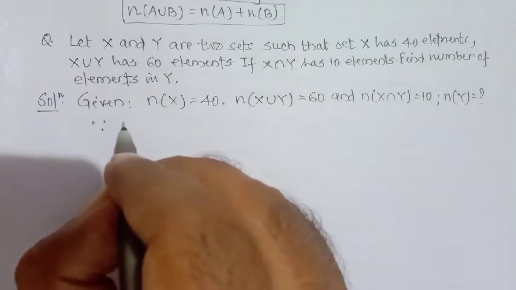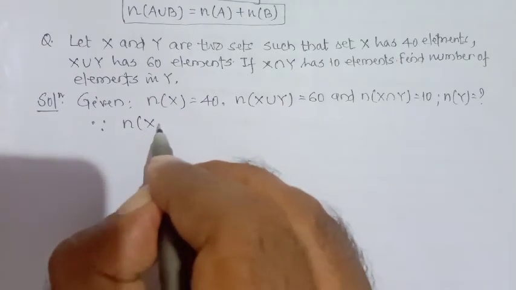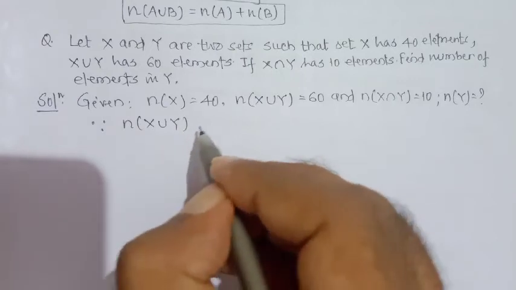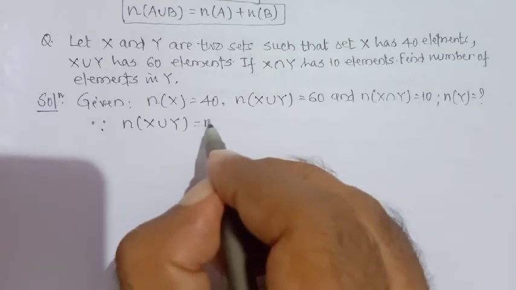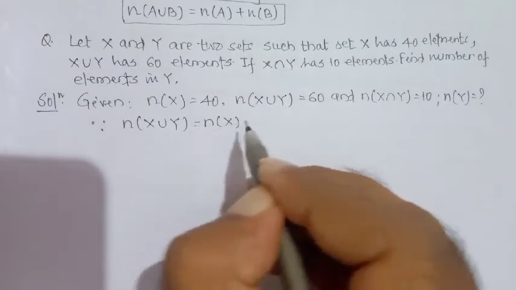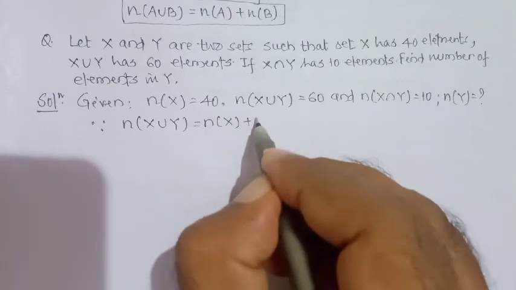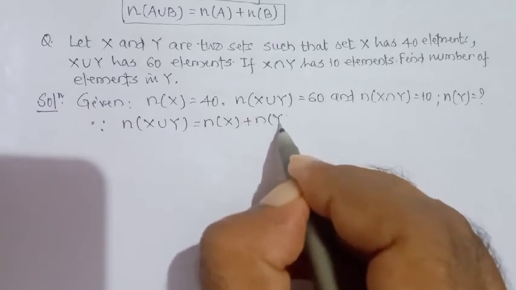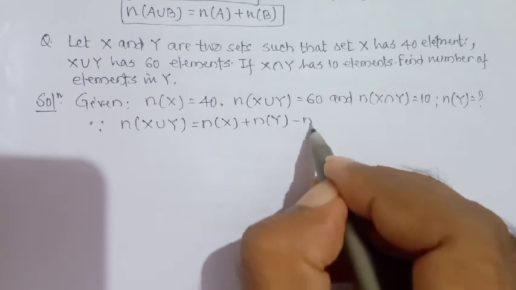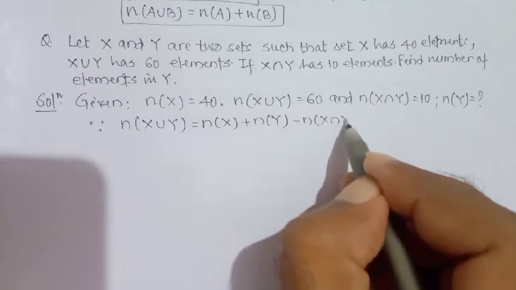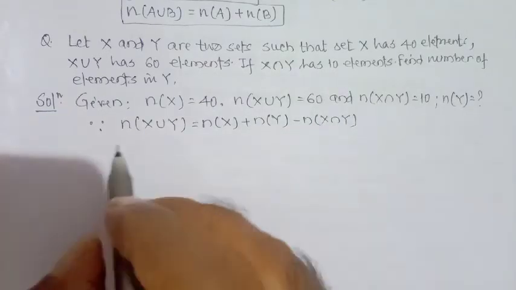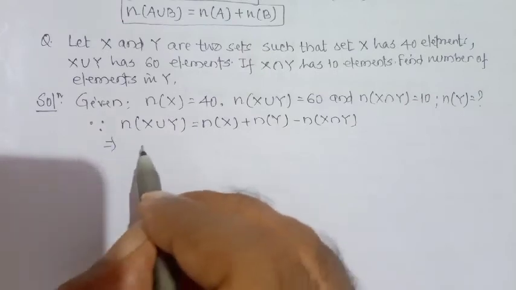Since number of elements of X union Y is equal to number of elements of X plus number of elements of Y minus number of elements of X intersection Y. So what is given?